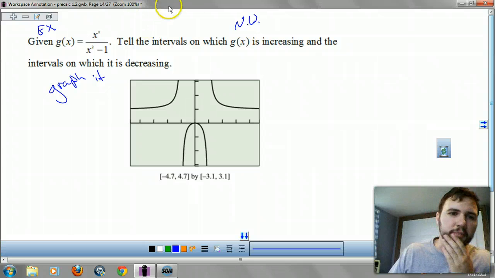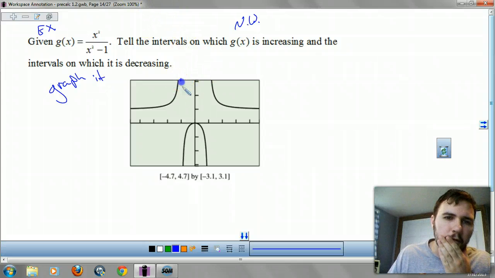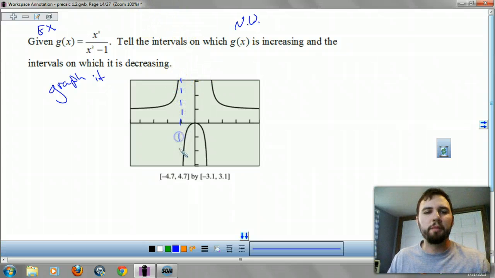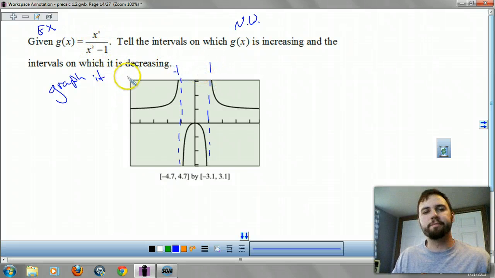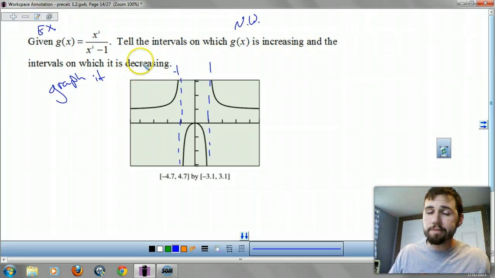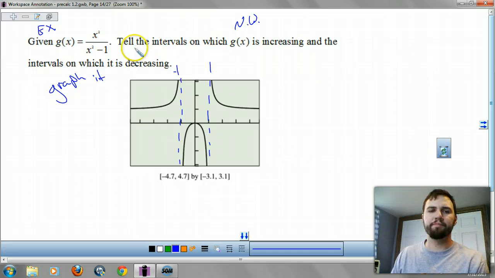So we take a look at this picture. I don't know what you guys remember about asymptotes, but these are going to be negative 1 and 1, because those are what give us 0 in our denominator. So where are we increasing?